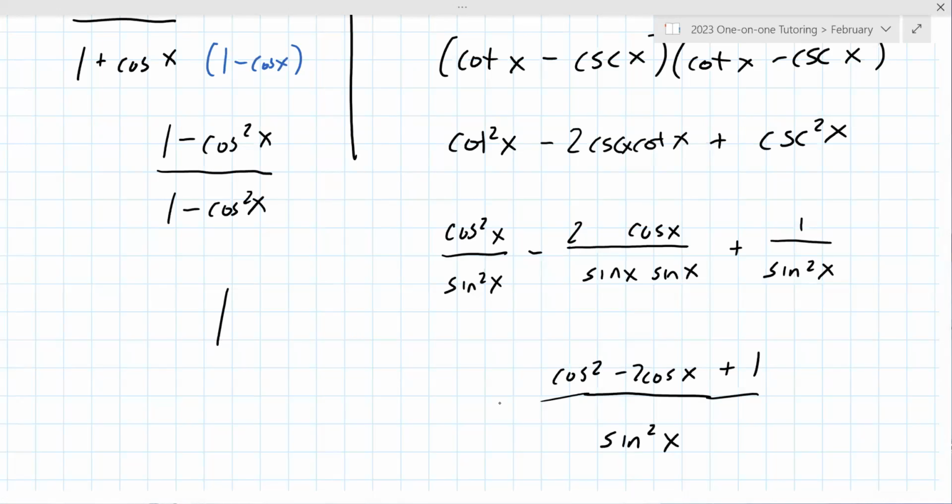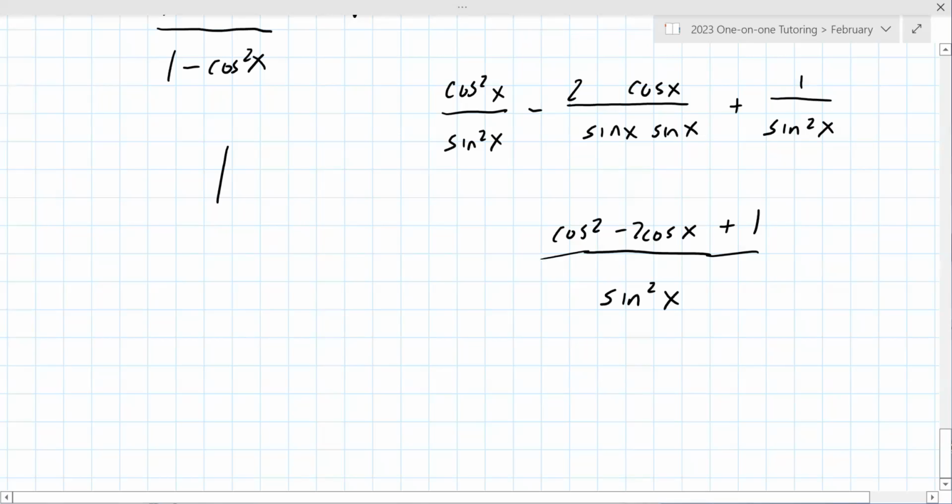But this is where it gets a little bit more challenging. This is kind of non-obvious. You do have to factor the top. And the top factors into cosine x minus 1 squared.